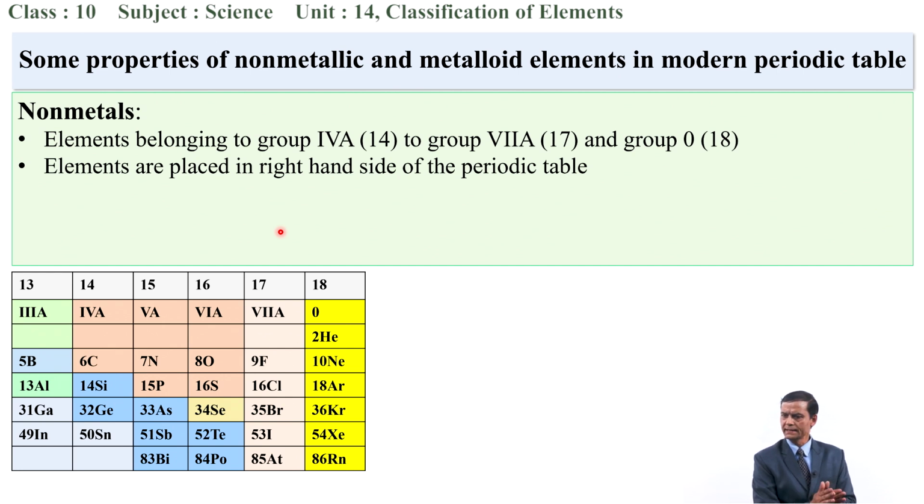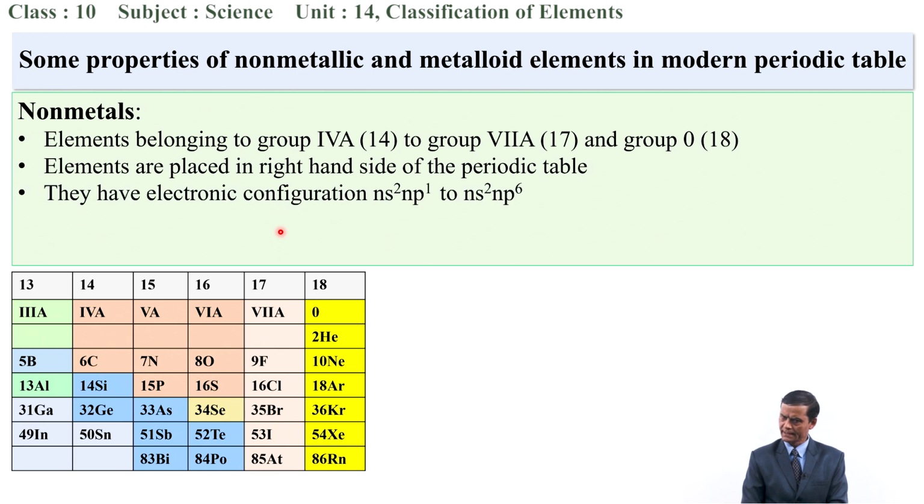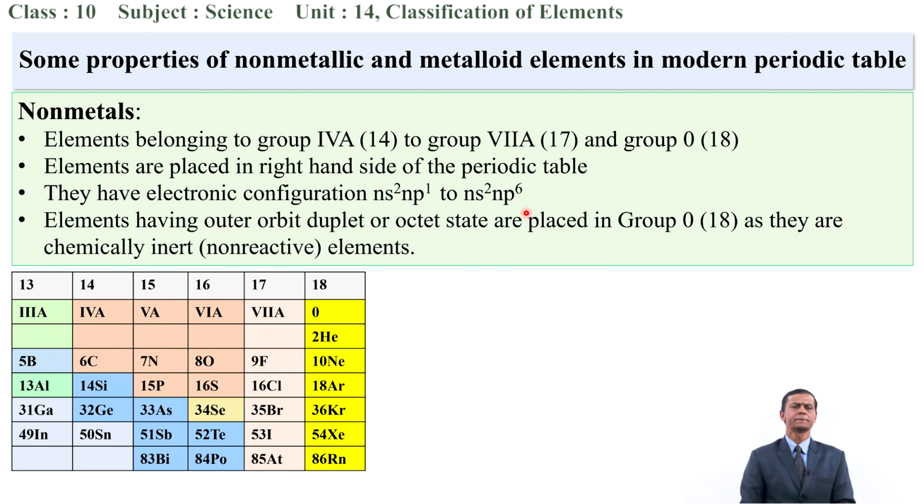On the left hand side there are metals, on the right hand side there are non-metals, and they have electronic configuration ns2 np1 to ns2 np6. Look at it, carbon to neon, argon, we get np6, which electronic configuration you have already practiced in the previous class.